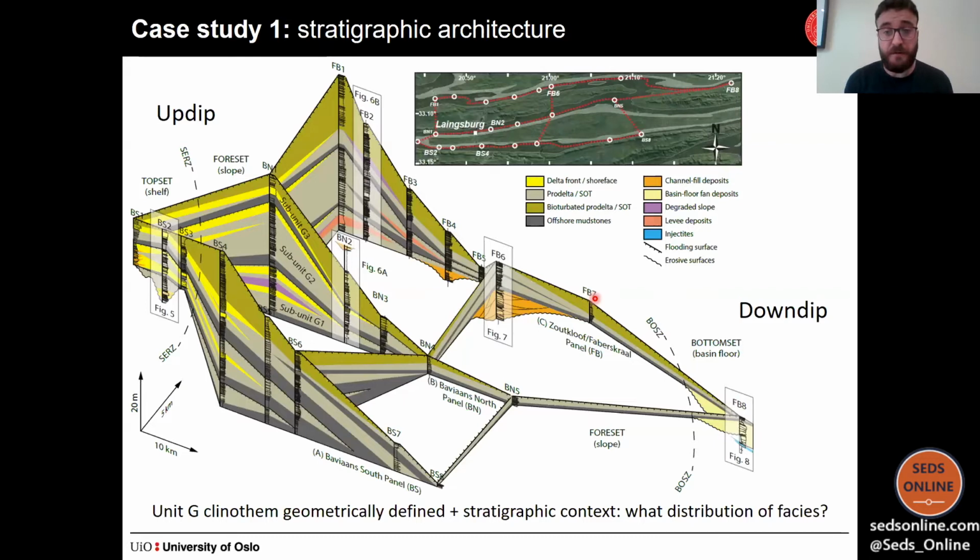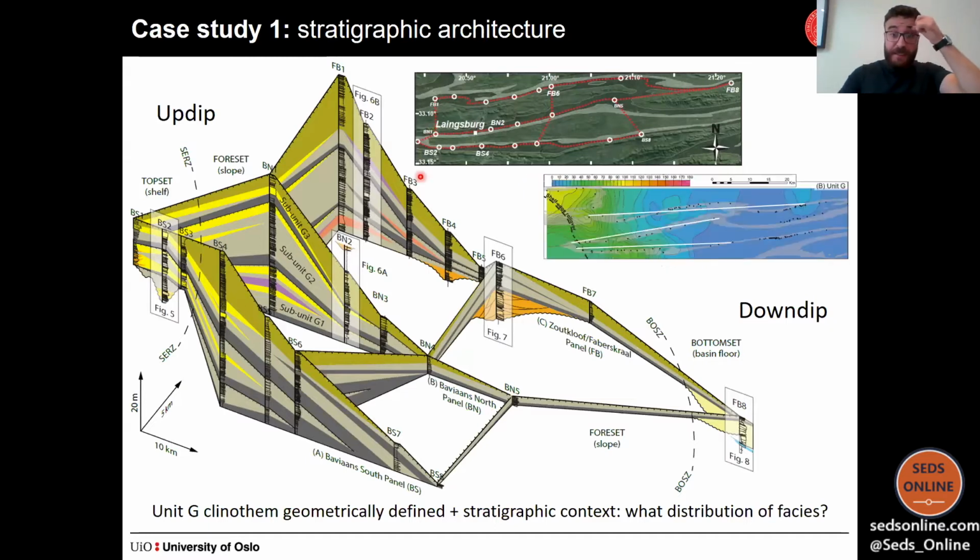So this is a fence correlation panel of unit G in the Lanesburg Depot Center. Here you can see three depositional dip parallel profiles with some across-strike variability. You can already see that what we saw in the thickness is actually translated also in some facies distribution and facies changes.